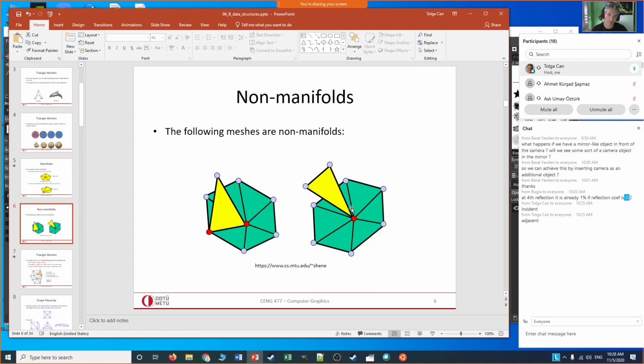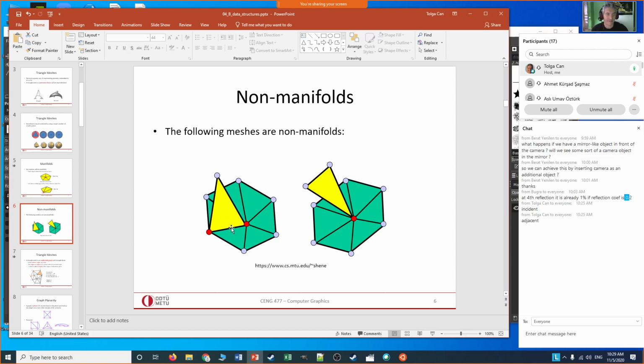Also, if you follow the faces around this vertex, they do not form a fan. One of the faces is sticking out like this. This is also not a manifold. If you look at the space around this vertex, it doesn't resemble a 2-dimensional plane. There is something sticking out. So therefore, this is not a 2-dimensional manifold.